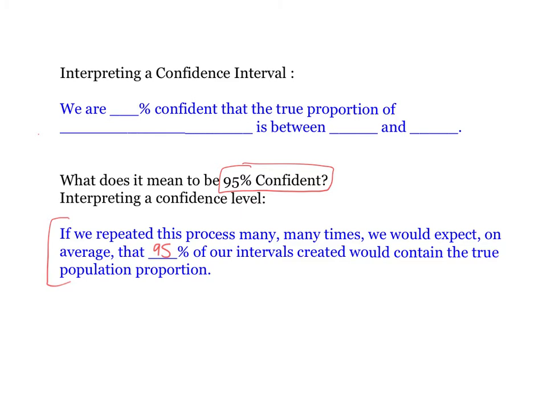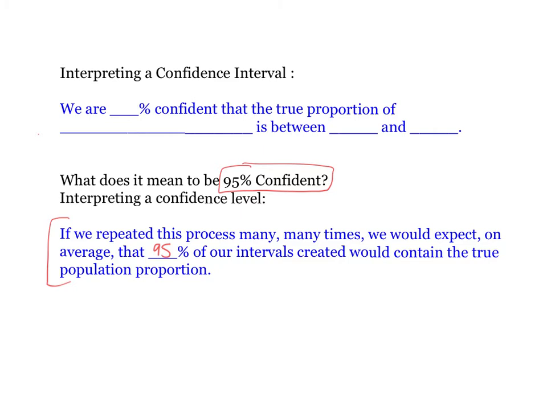So basically, if I sampled 50 marbles out of this jar infinitely many times, a meta experiment, and calculated a confidence interval for every sample that I drew, 95% of those intervals would actually contain the true percentage of blue marbles in that jar, and 5% wouldn't. So for every 100 intervals I create, I would expect 95 of them to have the real percentage of blue marbles in them, and I'd expect 5 to not have it.